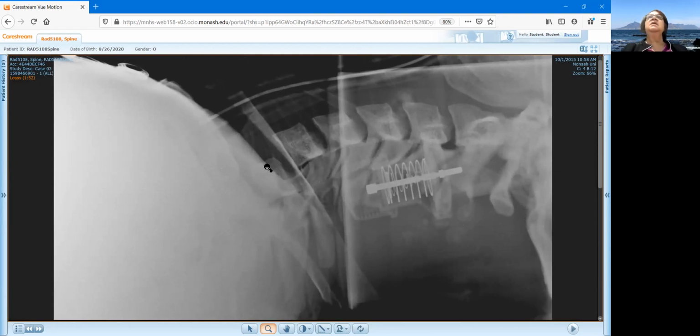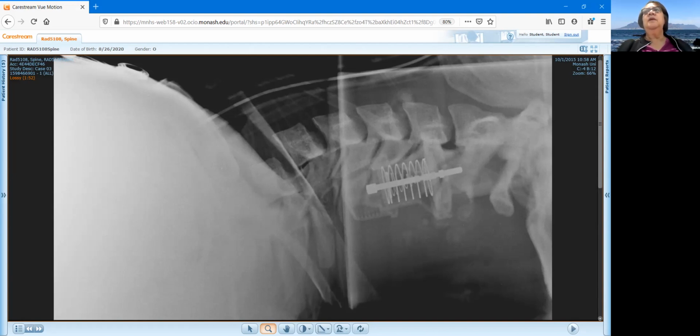So this is a bilateral facet dislocation of C6 on C7 with approximately 50% forward displacement of the vertebral body, and this makes it an unstable injury.